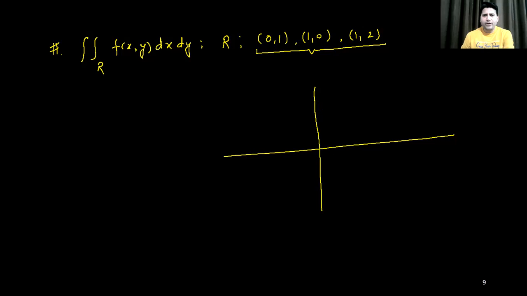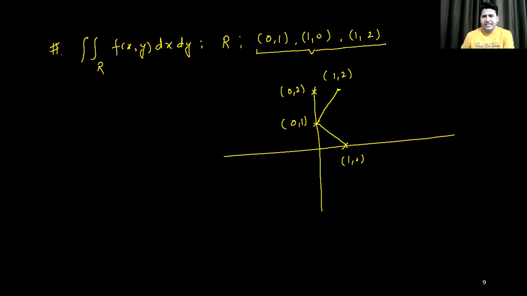(0,1) is a point on the y-axis, somewhere over here. (1,0) is on the x-axis, somewhere over here. For (1,2), on the x-axis we have 1 and on the y-axis we have 2. Suppose this is the point (0,2). So somewhere here the point (1,2) will lie: on the x-axis 1 unit distance, on the y-axis 2 unit distance.